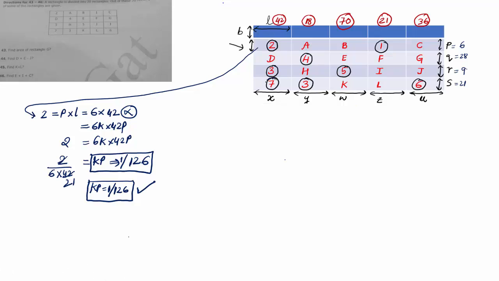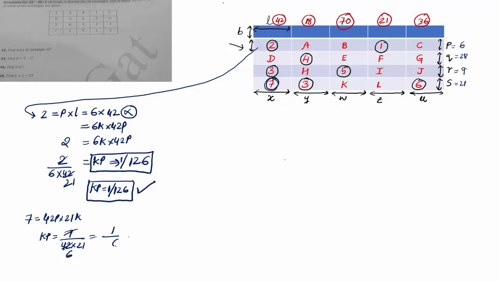Or let me check this 7 as well. If this is 7, so what is 7? 7 is 42p into 21k, right? So what is kp now? Kp would be 7 by 42 into 21, right? So it is 7 by 6 into 21.